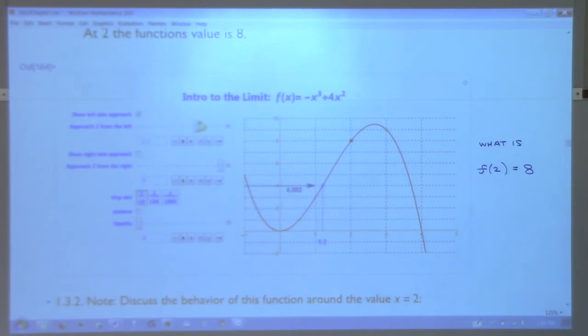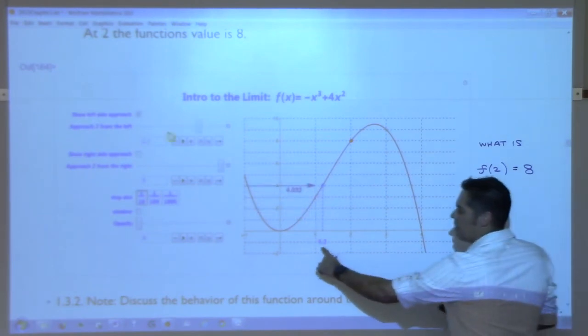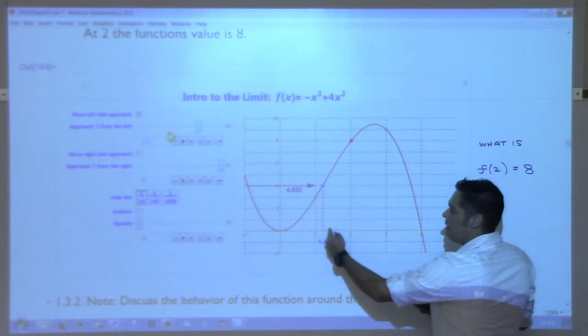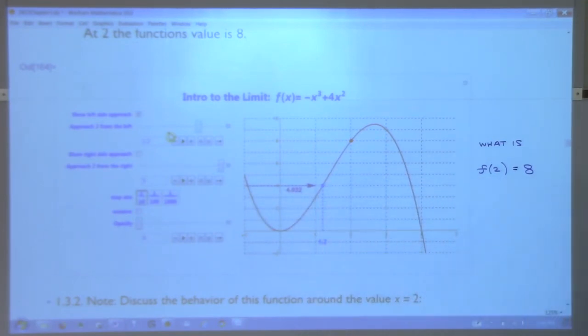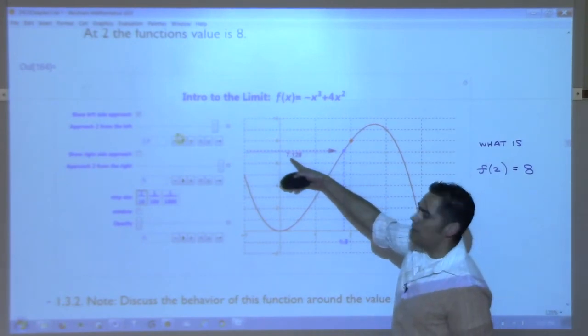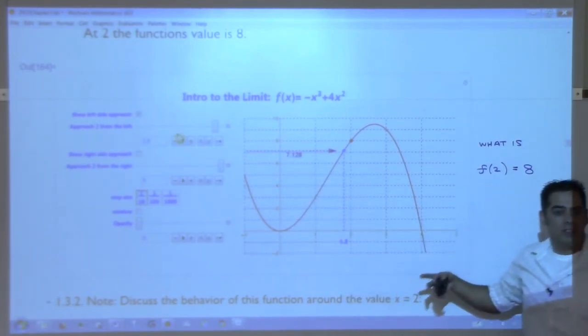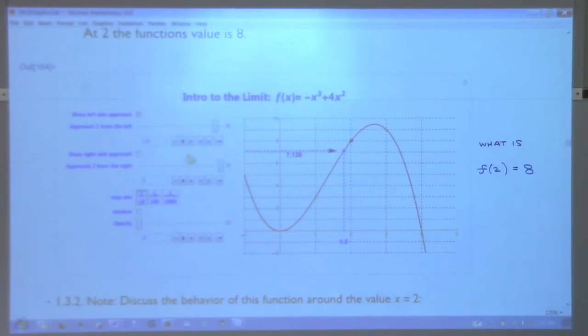Notice the x-coordinate is getting closer to 2, right? And then you have your y-coordinate. Right now it's about 4-ish, right? So as I get closer and closer to 2 from the left-hand side, what does it appear the y value is approaching? Looks like it's getting closer to 8, doesn't it?